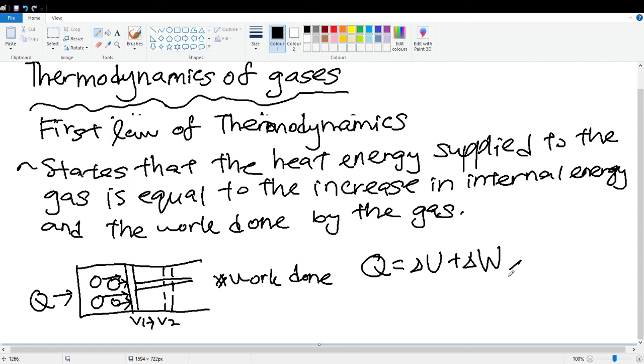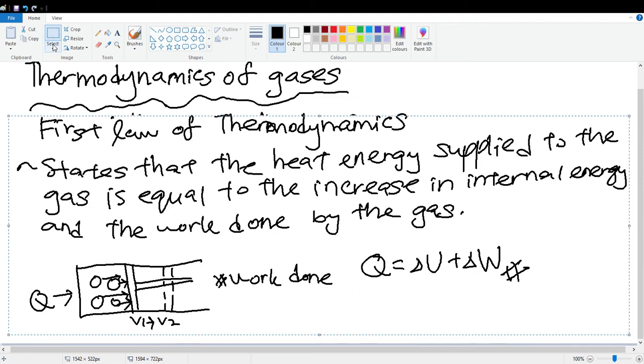This is the first law of thermodynamics: Q is equal to the increase in internal energy and the work done by the gas. So that's it for the definition of the first law of thermodynamics.